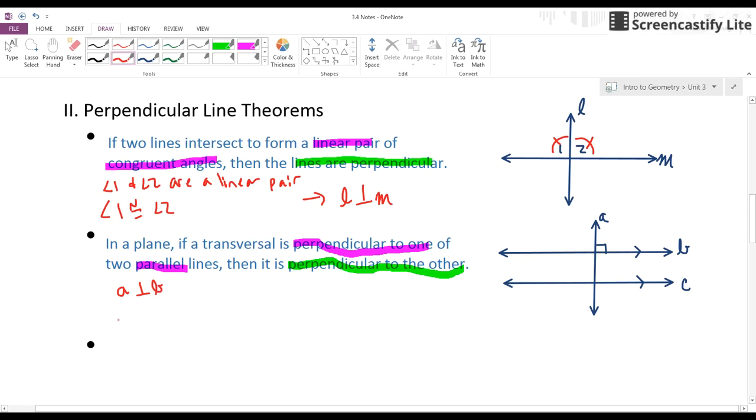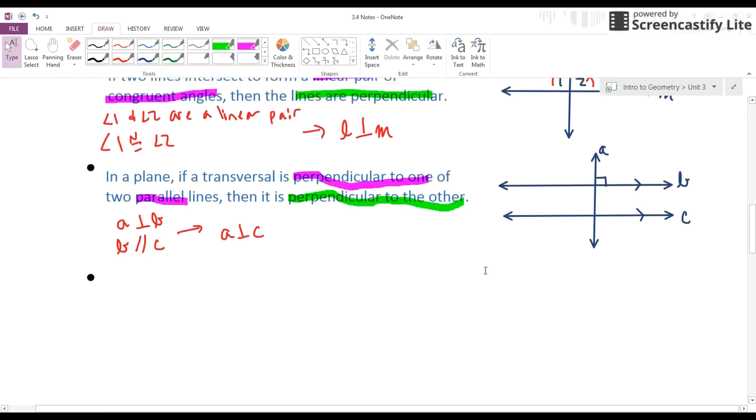And we also need to know that B is parallel to C. So if we have that information, then we can say A should also be perpendicular to C. And that's a super easy one to look at because you can use your corresponding angles postulate, right? If this is a right angle right here, then down here is also a right angle, and by definition, we've got perpendicular. So super easy to prove.